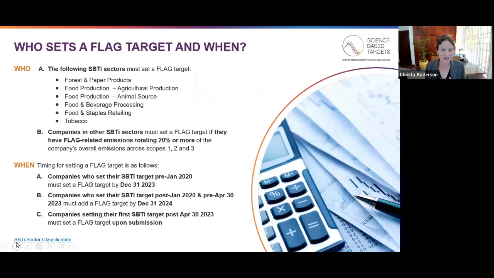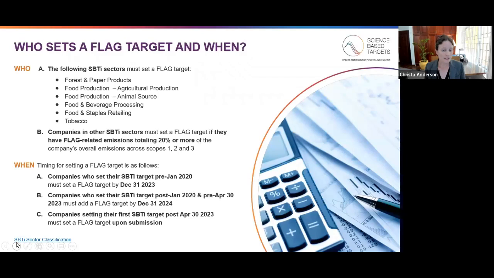Secondarily, when are FLAG targets required? I'm seeing some questions on this also in the chat. There are 3 main groups here. The first 2 apply to companies who already have set some kind of a science-based target. So for the first group, companies who already set their science-based target before January of 2020, if they are required to have a FLAG target, they need to set it by December of 2023, the end of 2023.